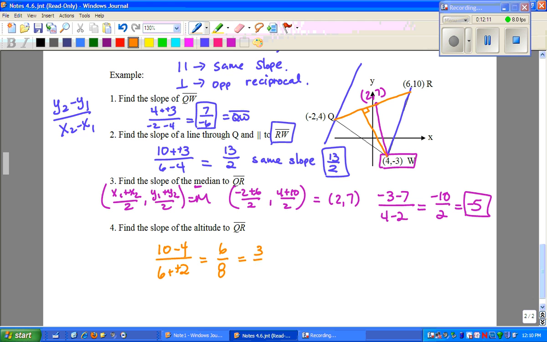Simplifies to 3/4. So this is the slope of QR. We want the line that is perpendicular to that. Well, the line that is perpendicular has to have the slope that is the opposite reciprocal. So if this is the slope of 3/4, the slope of the altitude of QR would equal negative 4/3.